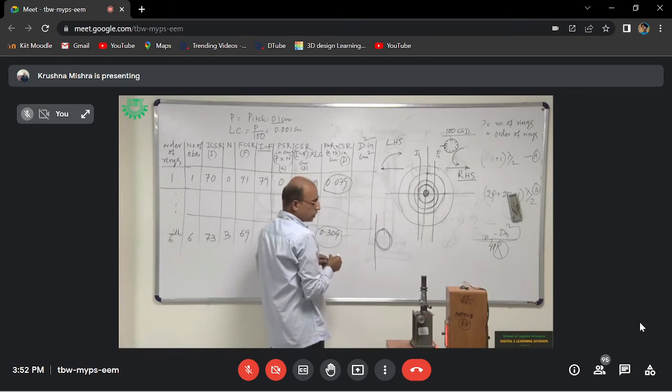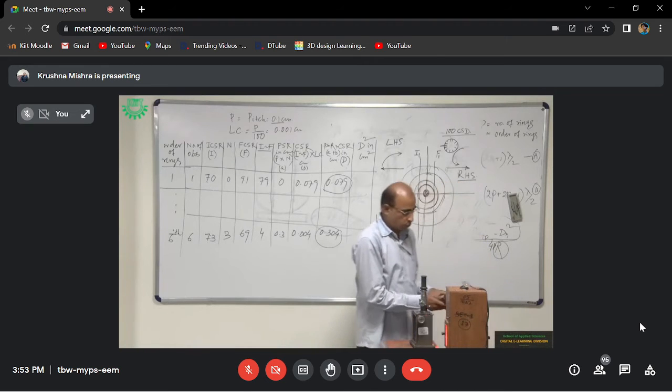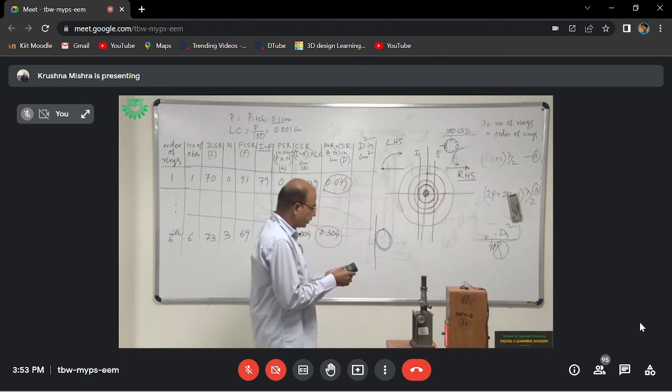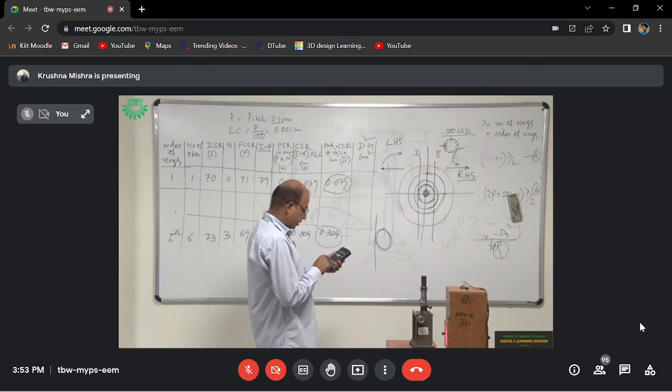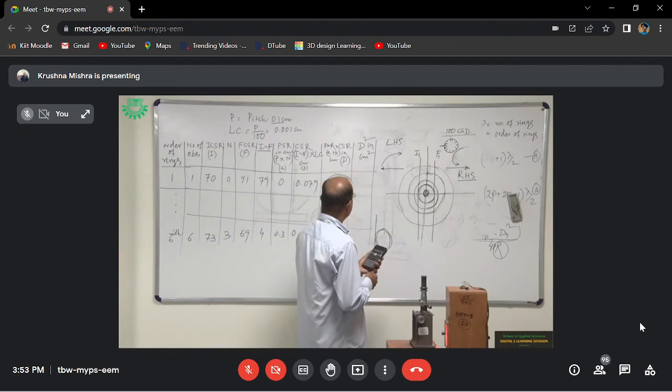That is 0.079, take its square up to 3 decimal places. For that we can use a calculator. 0.079, take its square, it gives 6.24 into 10 to the power minus 3.